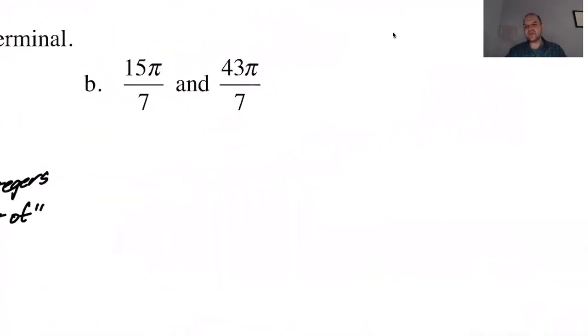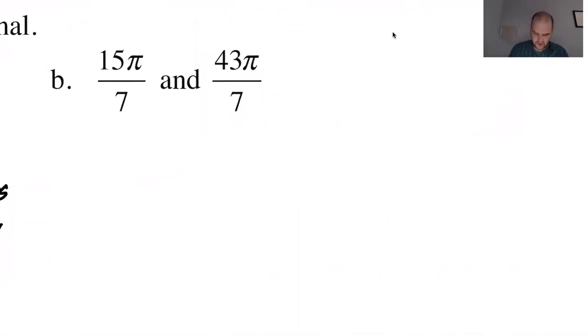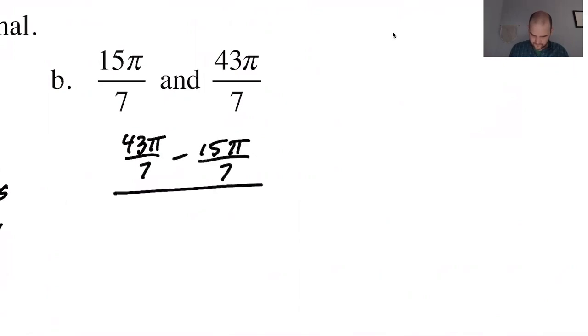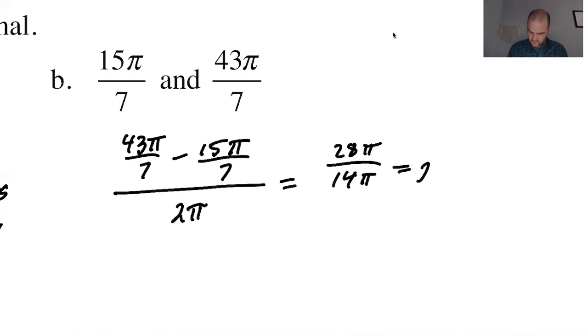Let's try this. It's the same basic idea, except now, since we're in radians, we're going to divide by 2 pi. I usually do the bigger minus the smaller. I'm going to do 43 pi over 7 minus 15 pi over 7, and divide the whole thing by 2 pi. What do I get here? 28 pi over 7 times 2 pi, so 14 pi, which is 2.